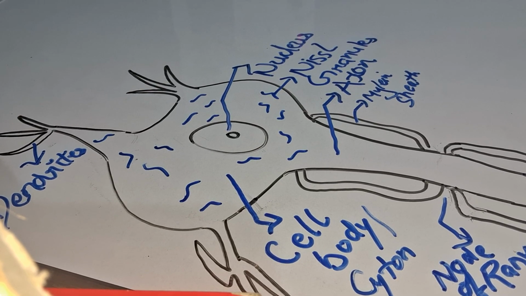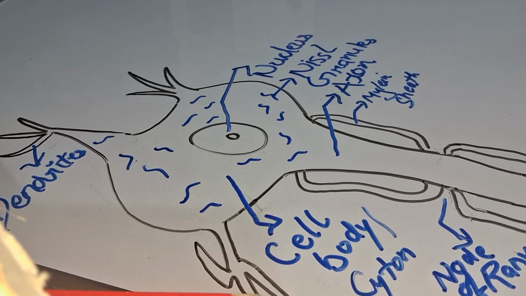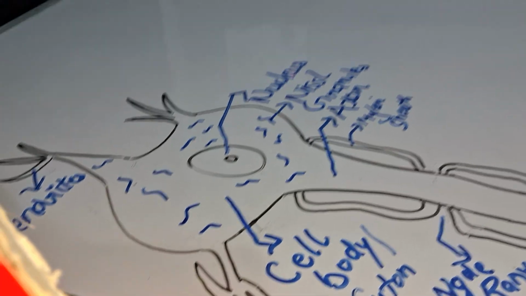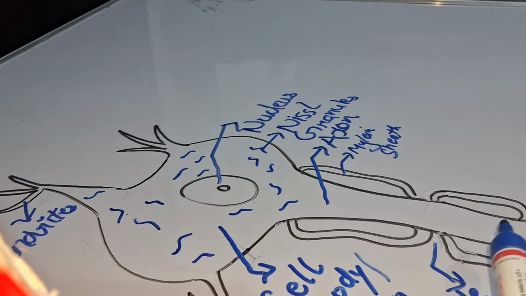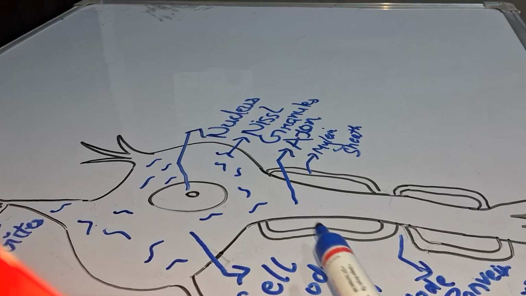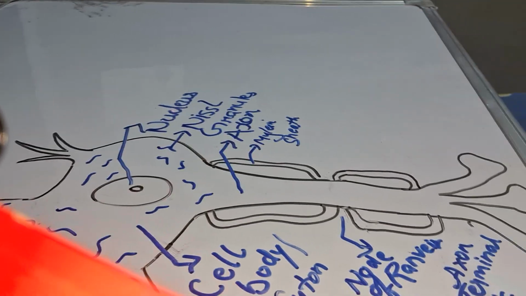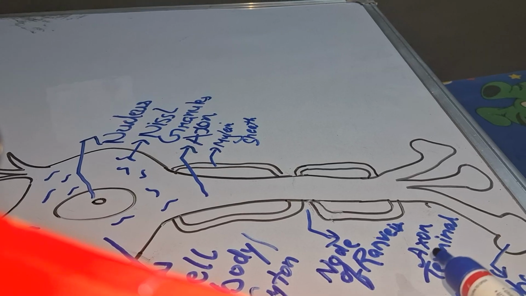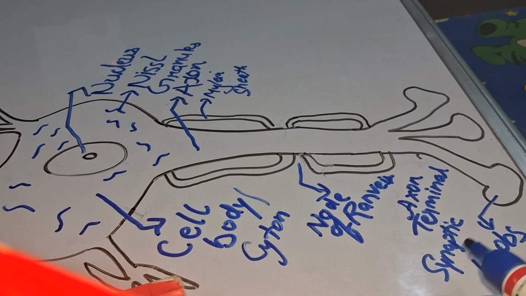Nissl granules are responsible for protein synthesis as they contain the rough endoplasmic reticulum. The axon, the rod-like structure projecting outward from the neuron, and the myelin sheath, an insulating material. And the axon terminals, and at the end points there are knobs known as synaptic knobs.